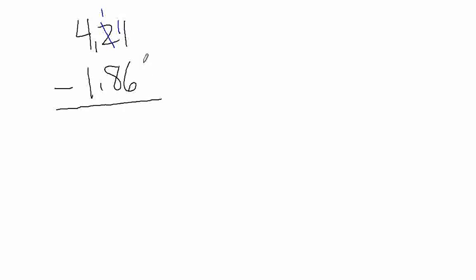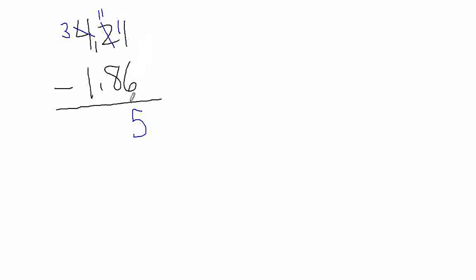Okay? And so now for the rightmost column, I'm going to subtract 6 from 11 and get 5. Now, in the middle column, if I was to subtract 8 from the 1 that's remaining, then I would get a negative again. So I'm going to change the 4 to a 3 and change the 1 in the middle column to an 11.